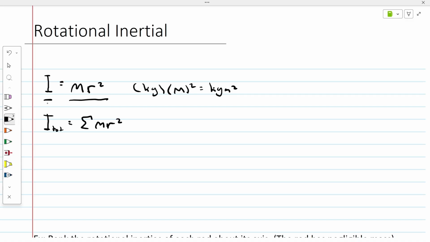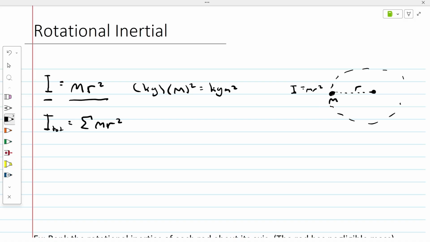Is that this is for any point of mass rotating with this radius r. So if we had like a point and there's like some mass m and it's rotating around, the rotational inertia of this ball or little point of mass is going to be I equals mr squared.